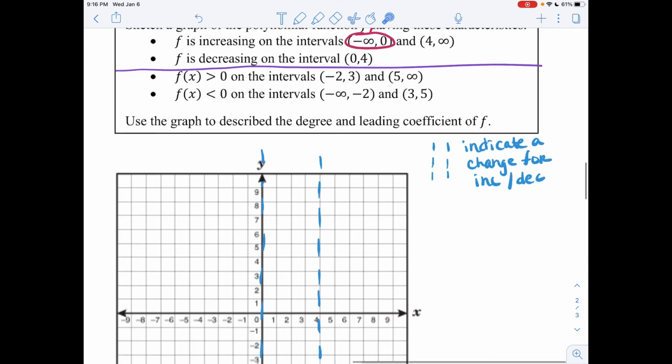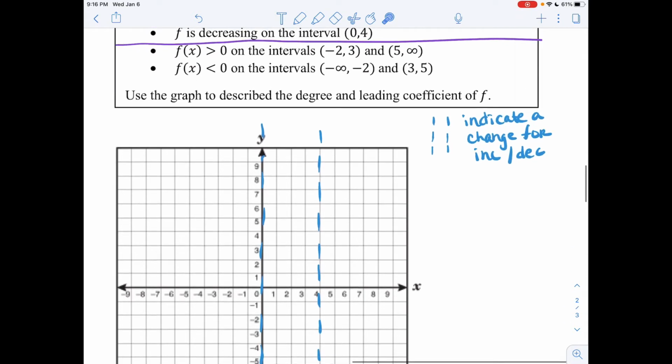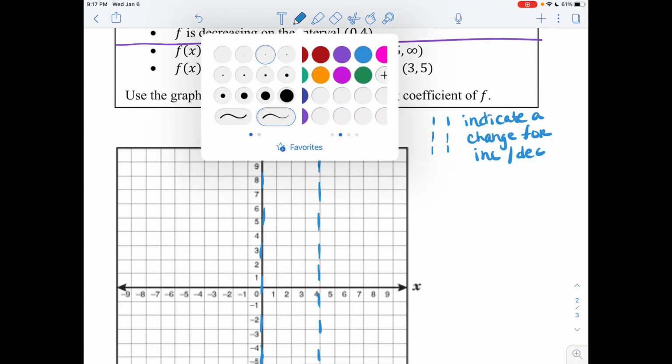So now we want to look at where we're above or below the x-axis, because that's going to define positive or greater than 0. So if we are greater than 0, we are above the x-axis. If we are less than 0, we are below it. So let's go ahead and plot some critical points for that as well.